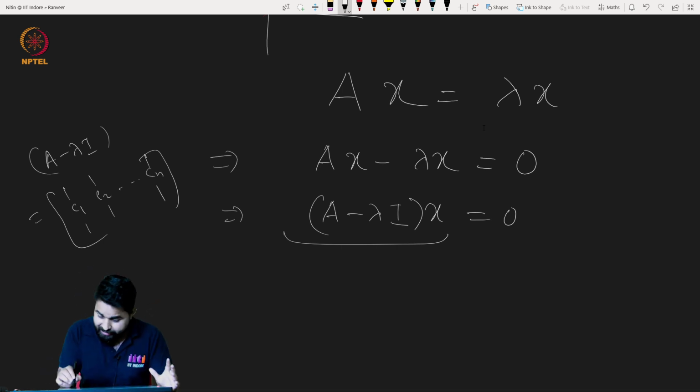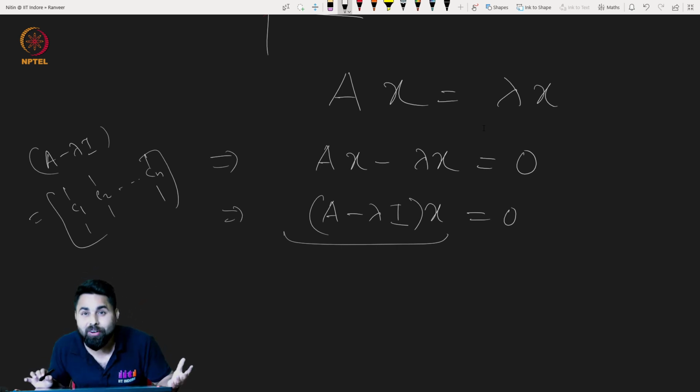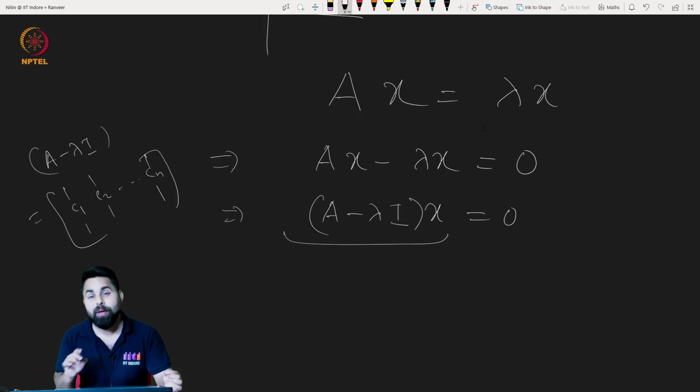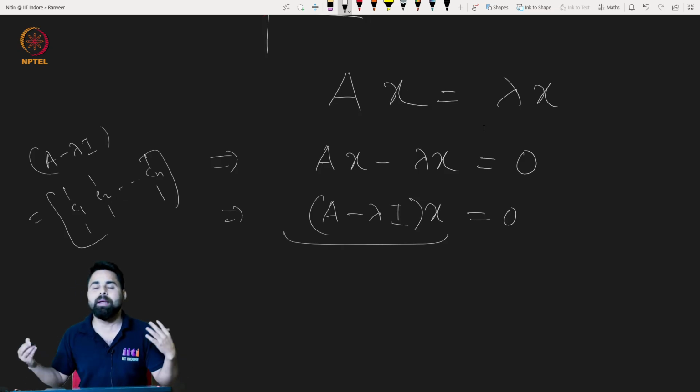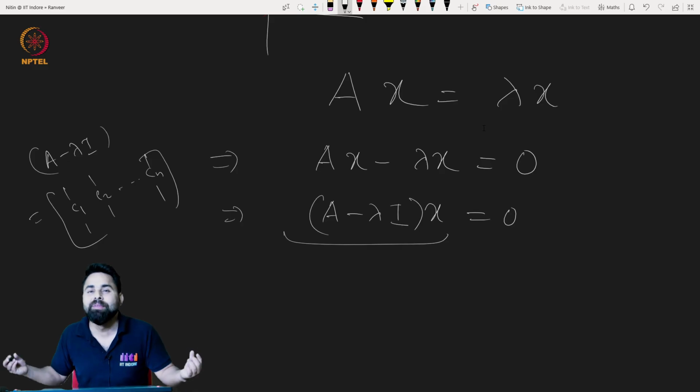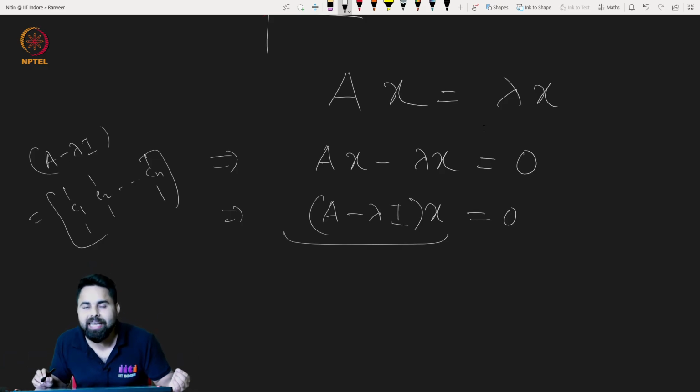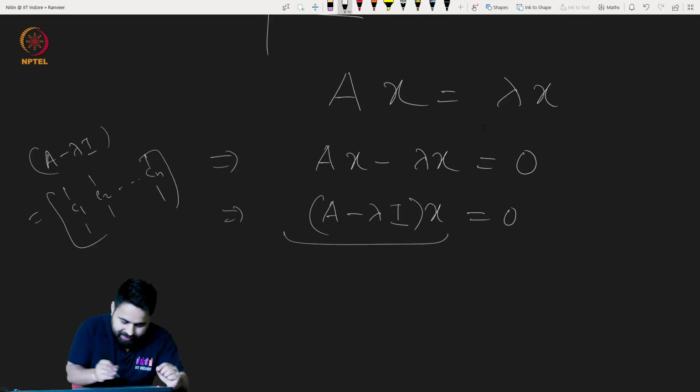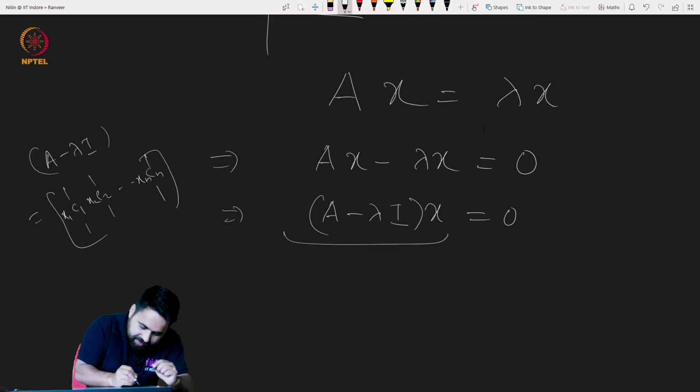The coefficients in that linear combination are x1, x2, up to xn.